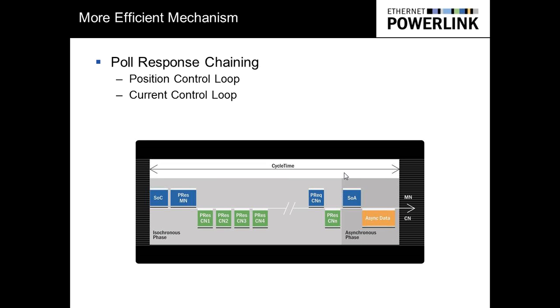So there's a form of efficiency in POWERLINK called pull response chaining, and this is a very nice feature where after we do the start of cycle frame and everyone synchronizes, I'll send out one pull request that's generic. So instead of sending a pull request to every single component, as I showed in the beginning, I can have a generic pull request that I put out.